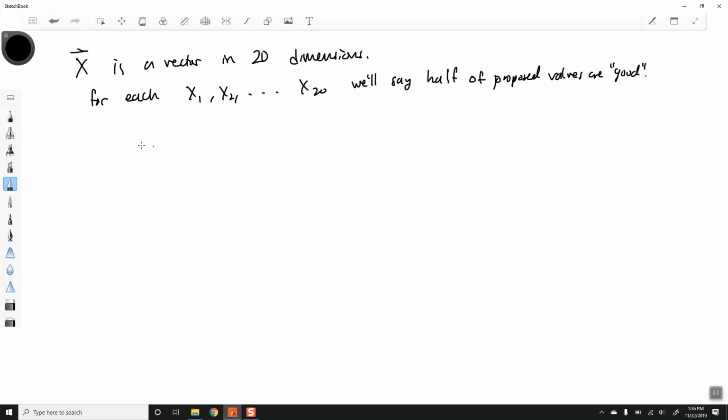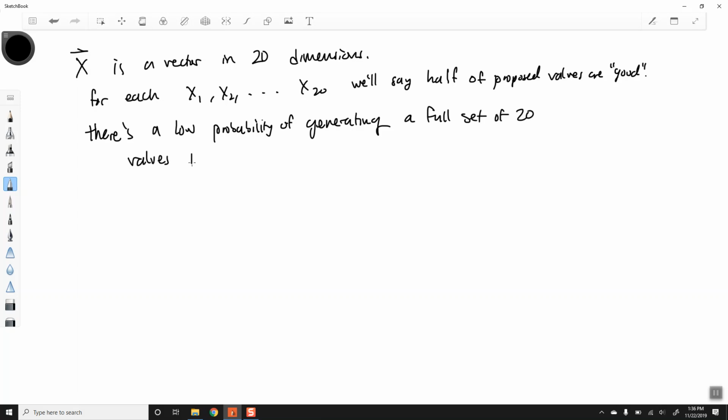So we'll say half of the proposed values are good, and there's a low probability that we can generate a full set of 20 values that we like, by which I mean the P move is high enough to be accepted.